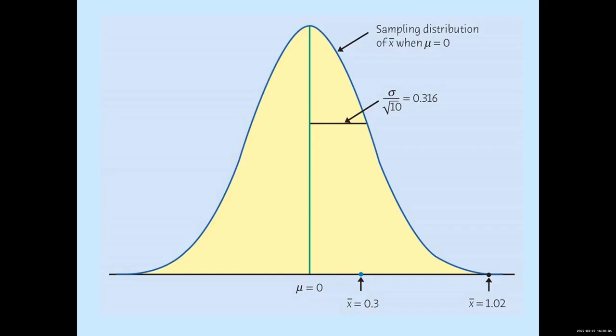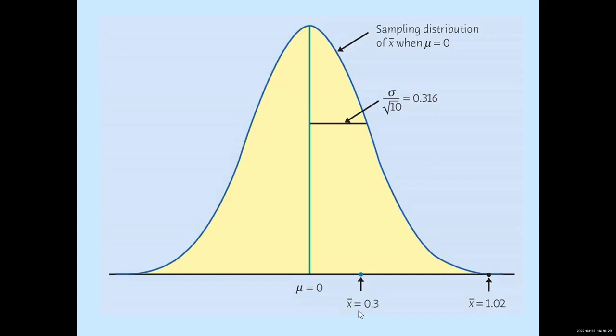Our null hypothesis is that mu, the true population parameter, equals something, and in this example, it equals 0. We're going to take a sample and have a standard deviation and the sample size, so we can calculate the standard deviation of the sampling distribution.